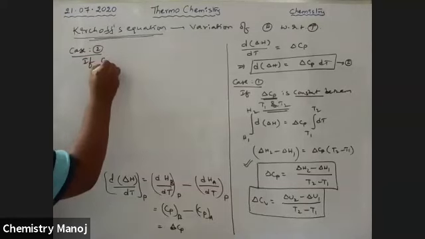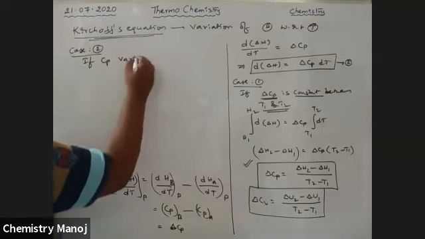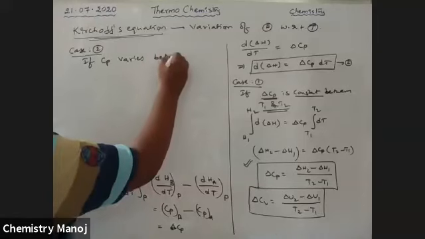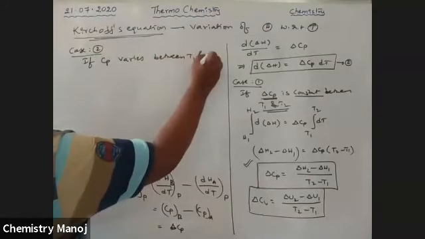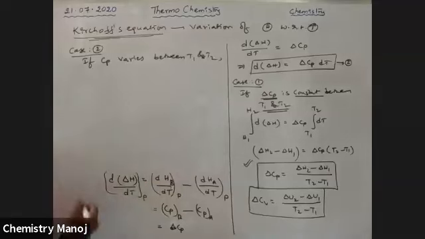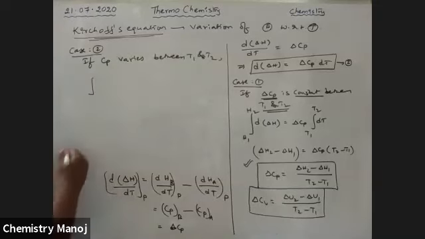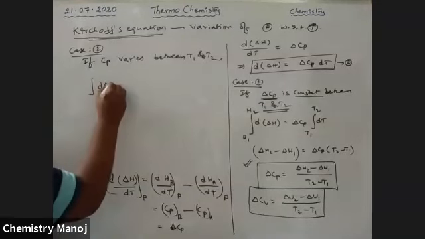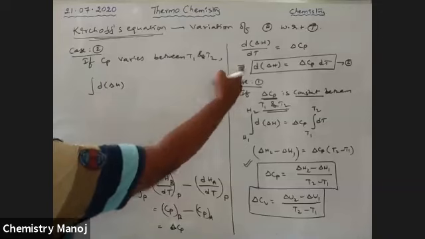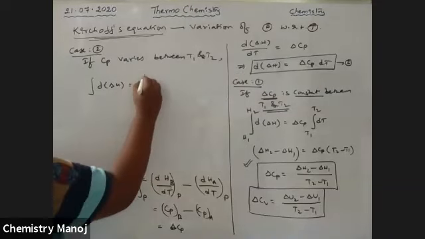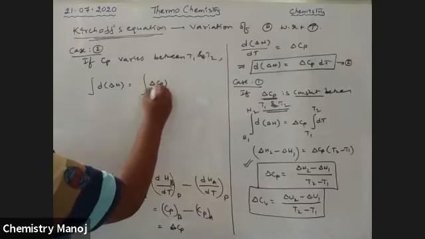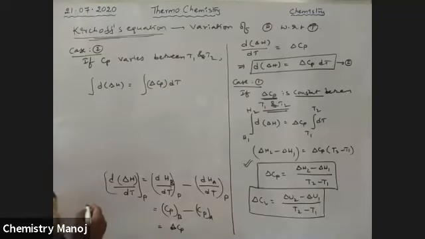If Cp varies between T1 and T2 temperatures, now we will have the integral of d delta H equal to the integral of delta Cp dT, because both are variables.